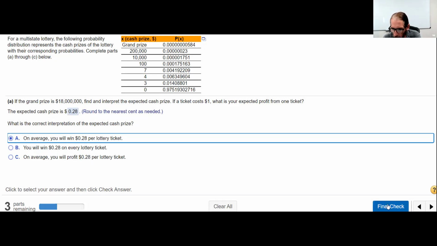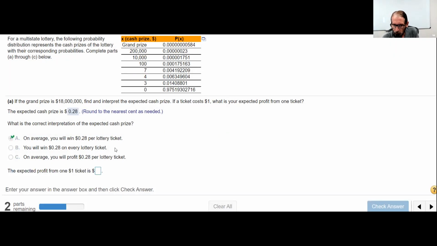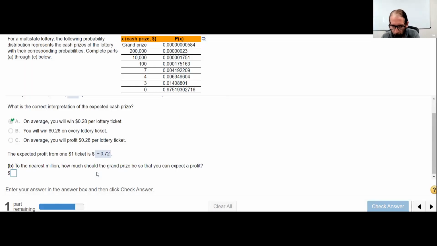Okay, so choice A, on average. So if we keep doing this over and over and average it out, we'd have about 28 cents in our winnings per ticket. I think here's where we need the negative 0.72. Yes, okay.